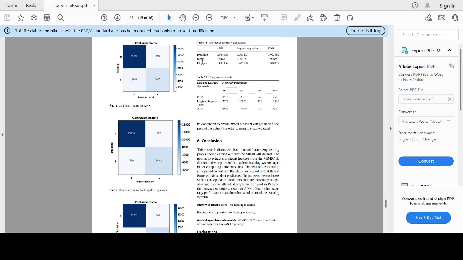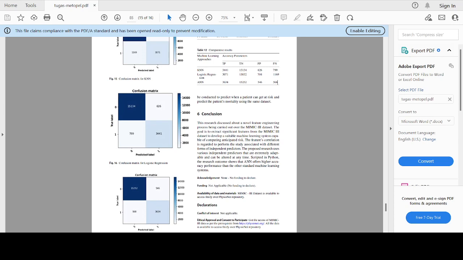Weird. This is precision, recall and F1 score, but not accuracy. I think we can calculate accuracy here. I think it's easy to use Excel. Oh, it froze. Okay.